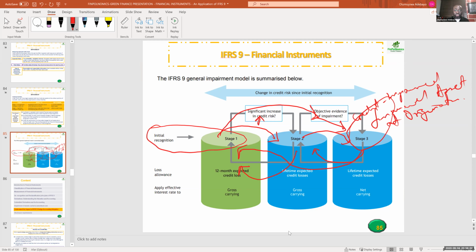Now, let's go back to this question. But before then, let me share the question again for those that might tell me they did not see it. I'm going to put it in the chat box for all of us to download before we proceed. That's the question I've been using, the practice question, financial instruments.